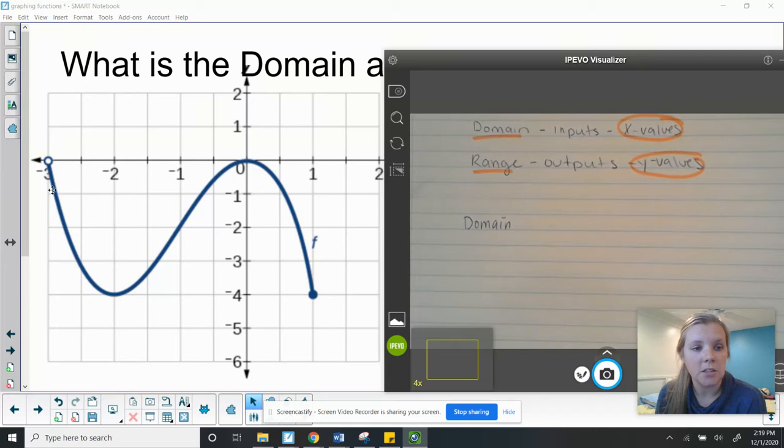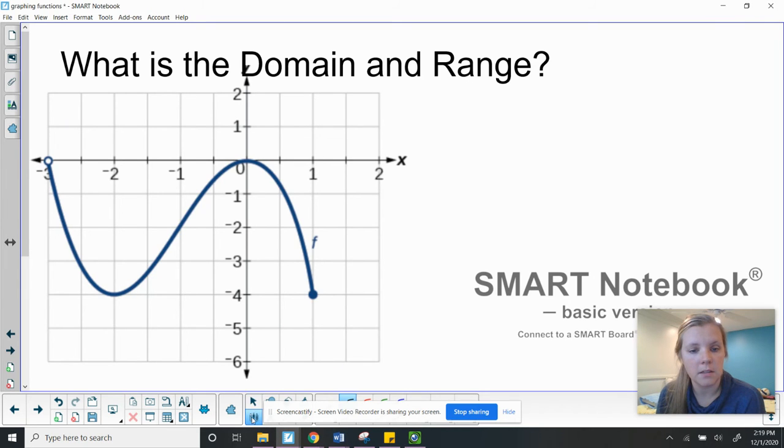The x values start at -3 and go all the way to 1. So the domain goes from here all the way to here. So my domain goes from -3 to 1.